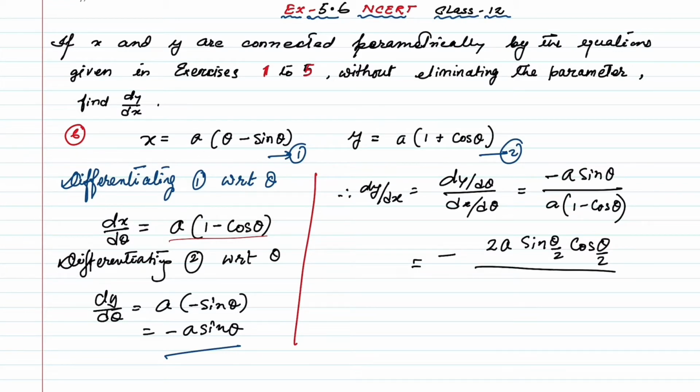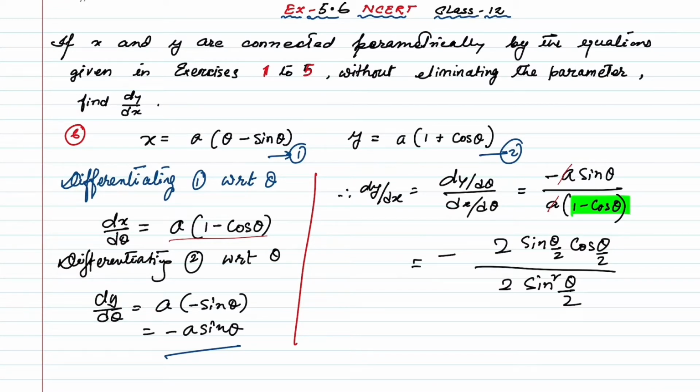One more thing, the a cancels, so here we have to write only 2 sine theta by 2 cos theta by 2 over 2 sine square theta by 2, since 1 minus cos theta is 2 sine square theta by 2.